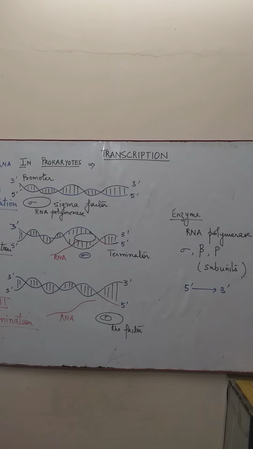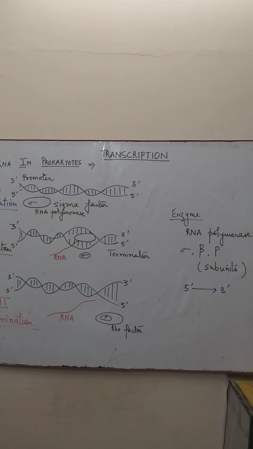So over here the RNA polymerase attaches itself to the terminator with the help of a rho factor, which is also known as the termination factor, with which the RNA polymerase binds transiently, that means for a short period of time, and this stops the process of transcription and the nascent RNA is released.